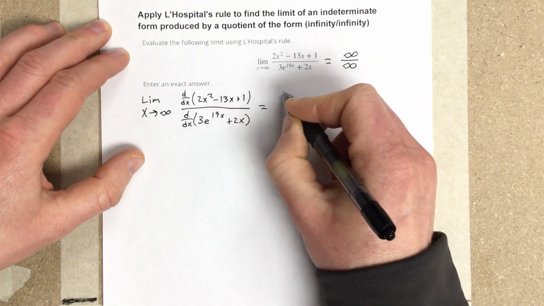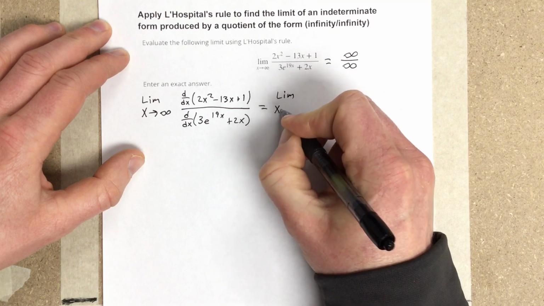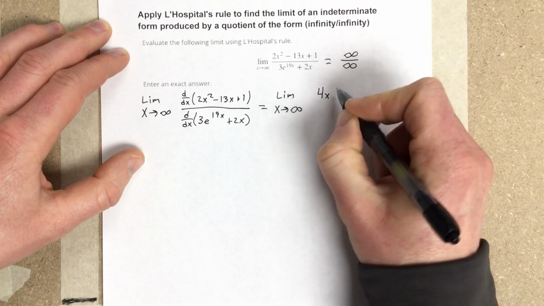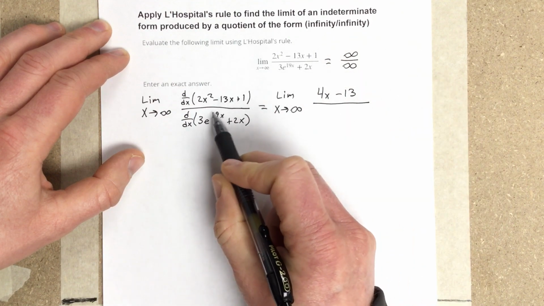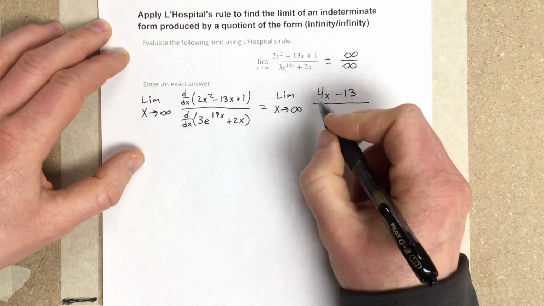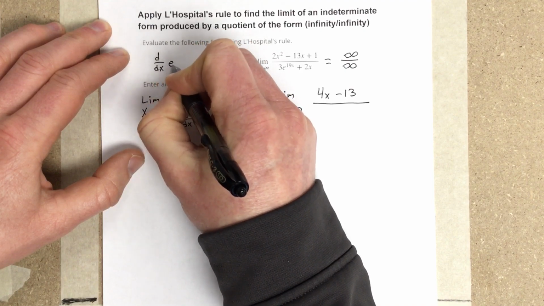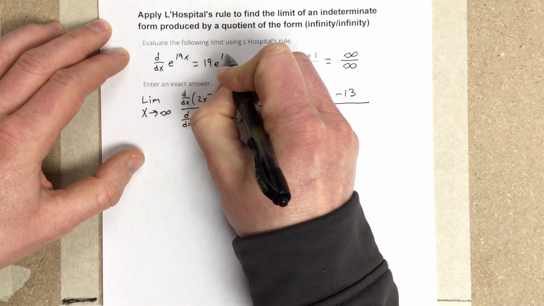The derivative of the numerator is going to be 4x minus 13. Over the derivative of e to the 19x, which is equal to 19e to the 19x.